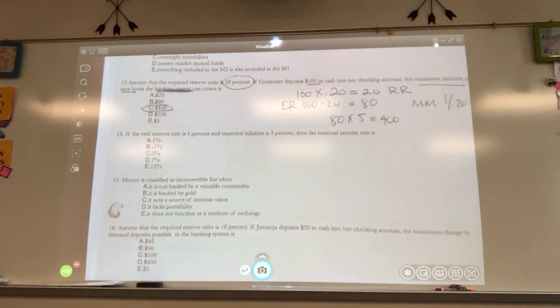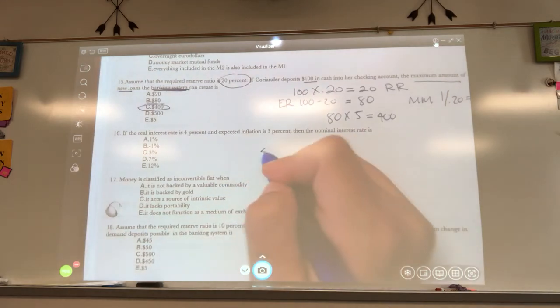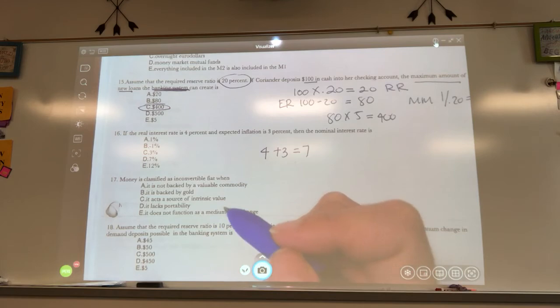If the real interest rate is 4% and expected inflation is 3%, is that adding or subtracting? Expected. Oh, adding. The nominal interest rate is what? So 4 plus 3 gives me what? Is that there?